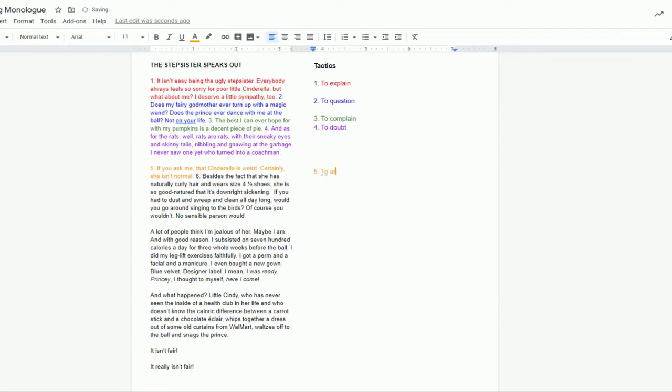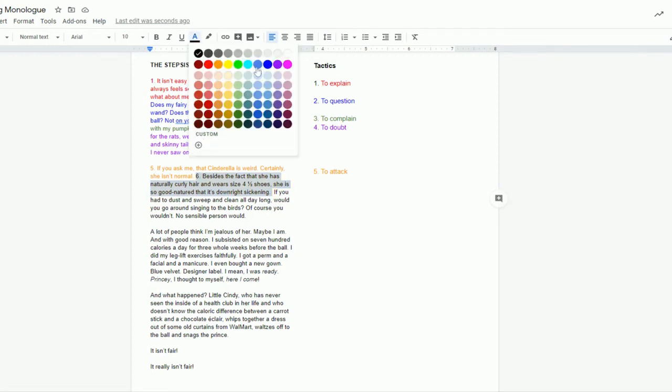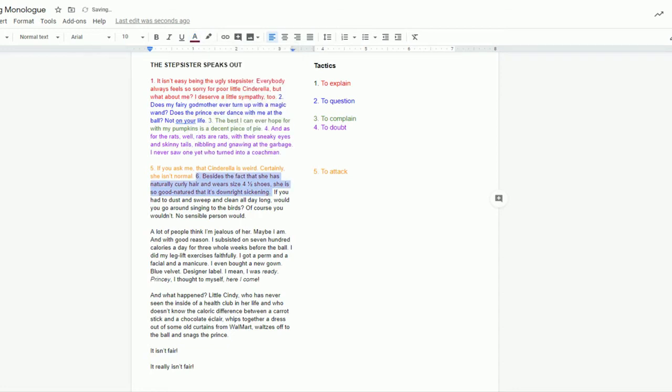Well, most certainly she is attacking Cinderella right there. And then besides the fact that she has naturally curly hair and wears size 4.5 shoe, she's so good natured that it's downright sickening. So she attacks Cinderella there, and then here we'll make this rose plum purple color.